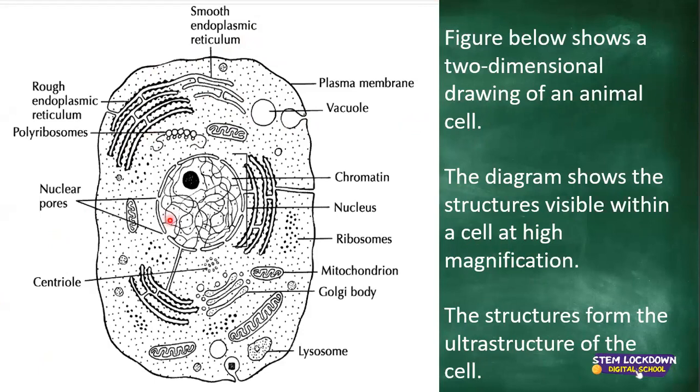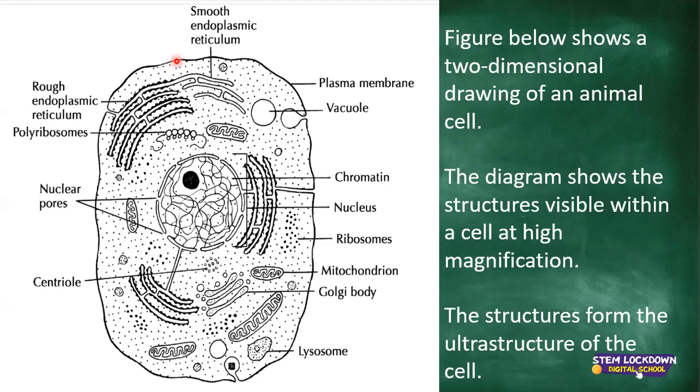So this is the animal cell. You will need to know and understand this animal cell so that whenever you are asked, you can label it for yourself. So this is very important for you to understand. Please, please, please study it, understand it.